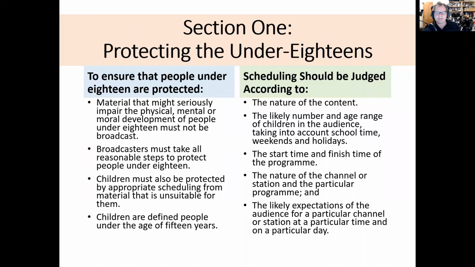So on the one hand, it's what are the reasonable things that you do to protect people under the age of 18? Because children don't have the same rights to freely choose the things they engage with. They're not necessarily in control of the radio in a car, for example.